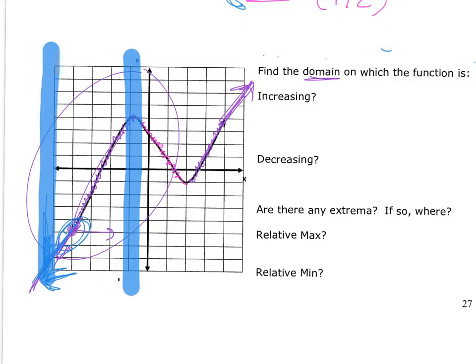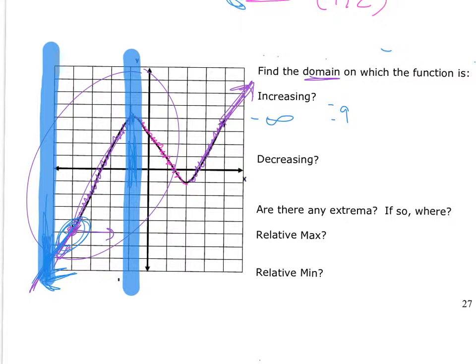So my domain on this side for where this function's increasing is negative infinity. It's coming from negative infinity, and then it stops over here where this blue line is, which is 1 to the left. If you want to be a little more accurate, which we should be, it actually looks like it's a tiny bit before 1, like maybe it's at 0.9. So I'm going to say negative 0.9 actually.